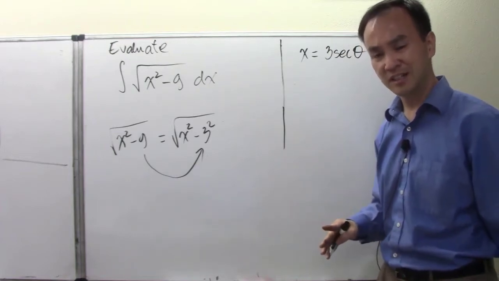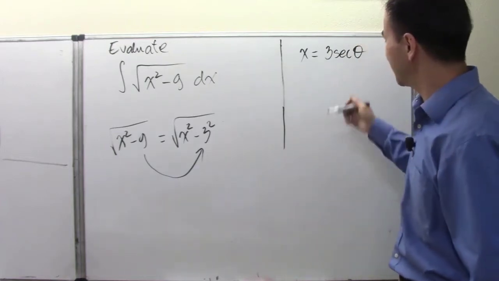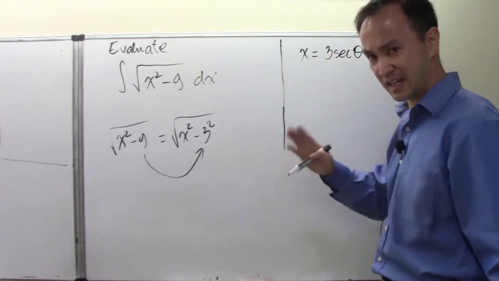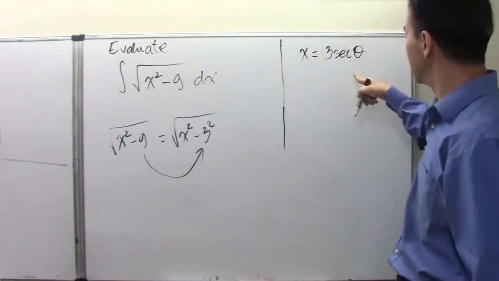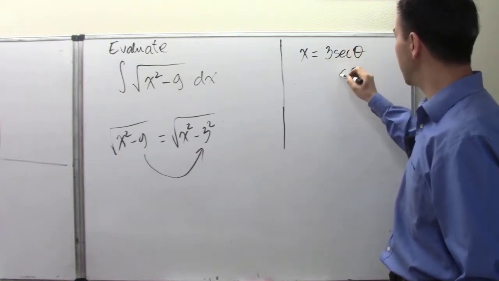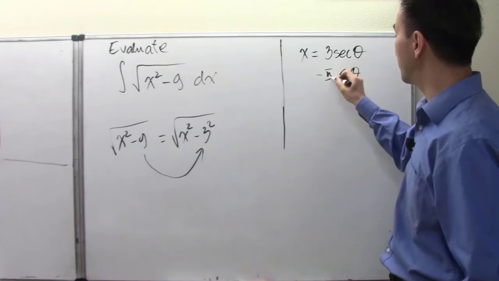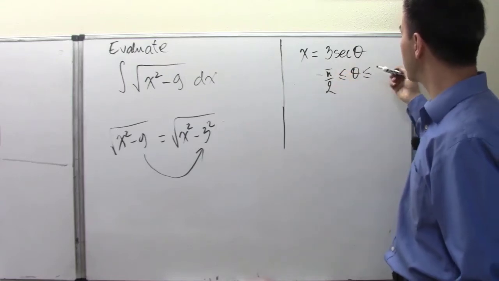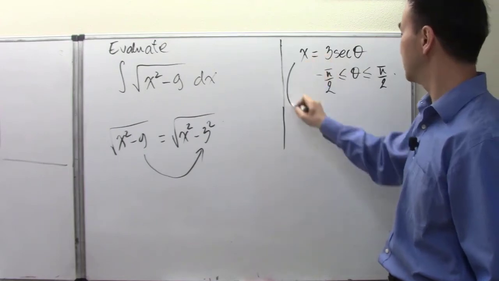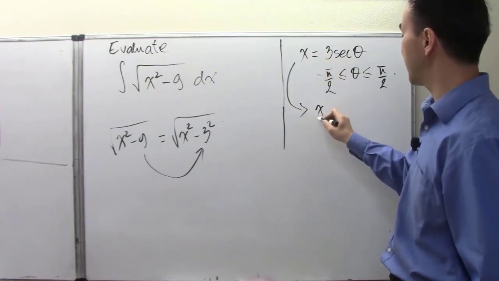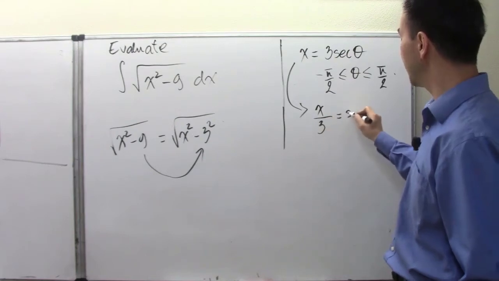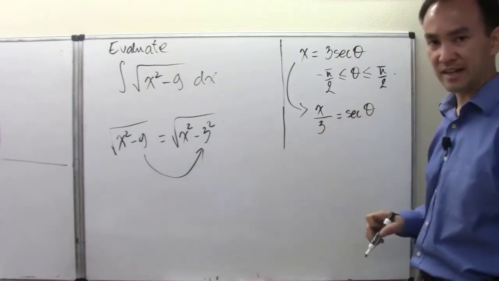Now, if x equals 3 times secant theta, and again, with that same generality, I want to define this under the requirement that theta is an angle anywhere from minus pi over 2 to positive pi over 2. Consequently, it is equivalent to saying that x over 3 equals secant of theta. That's one thing we know.